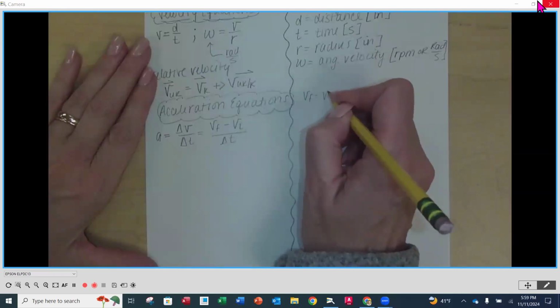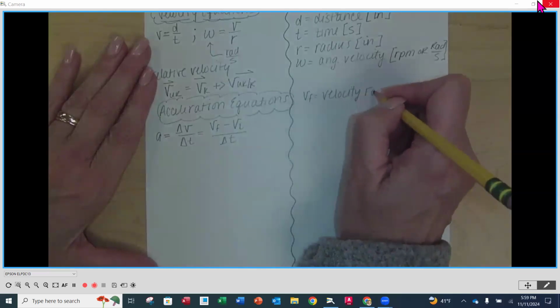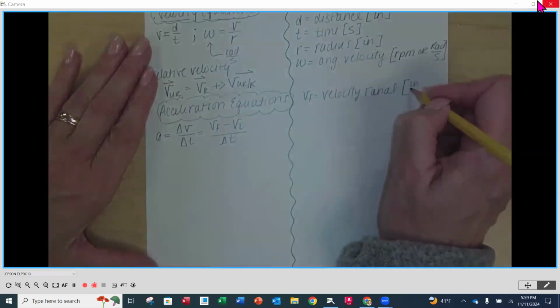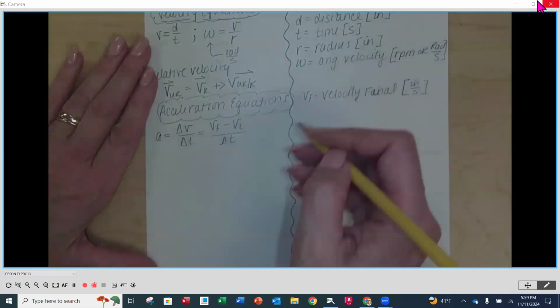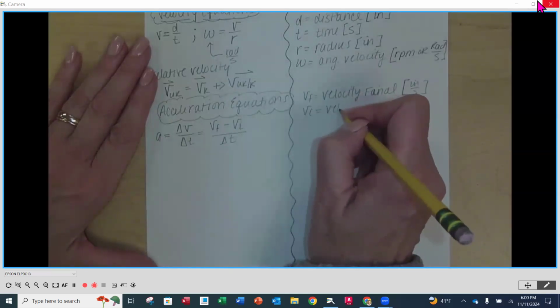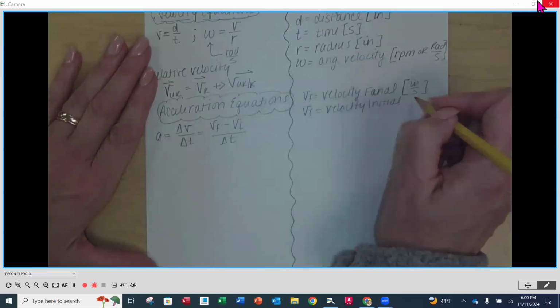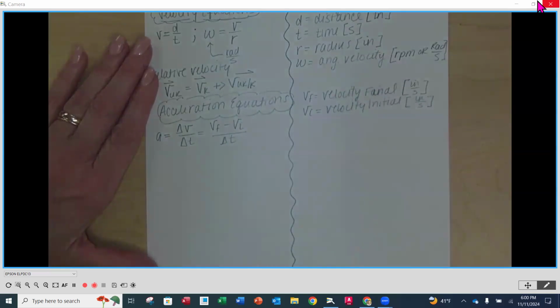So over on the right-hand side, when we expand that out, VF is velocity final, or final velocity, whichever. And units there are inches per second. Then VI is velocity initial, and that also has units of inches per second.